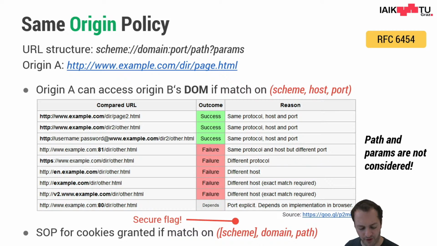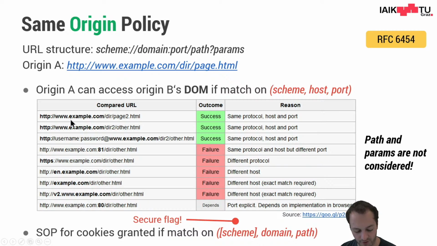So to see whether some resource belongs to the same origin, in other words, belongs to this very specific domain, it checks for the pattern scheme, host, port. In other words, what you see here in bold is basically what it checks for.